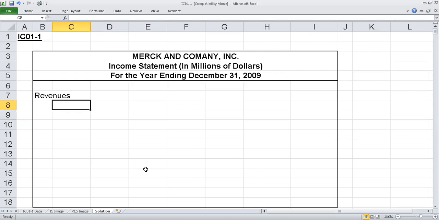So I want you to view that as your default rule. If there's not a more special rule, list things from biggest to smallest, because that's just the way we do it. So we're going to indent a little bit, and we're going to write the bigger of our two revenues, which is sales revenue.